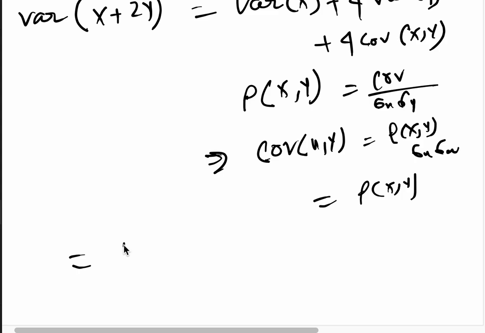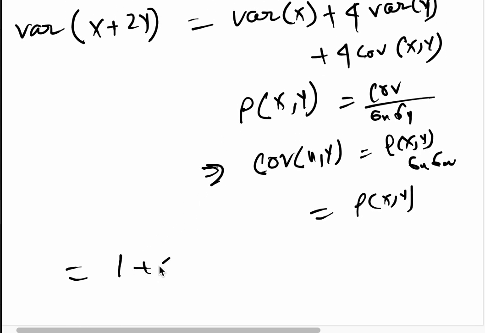So variance is 1 plus 4 into 1 plus 4 into 0.5, so this is 7.